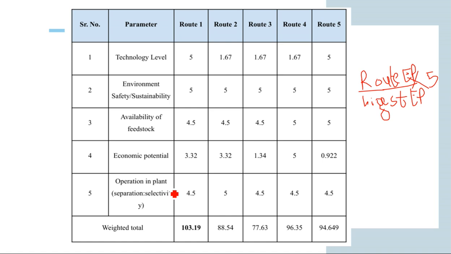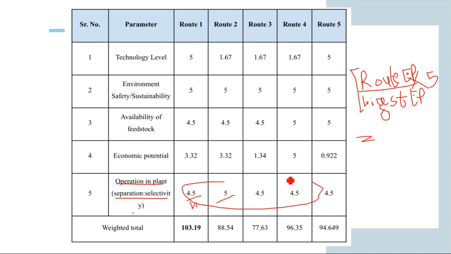Similarly, for operation in plant, the parameter I selected is the separation, and the separation depends on selectivity. So similarly to the economic potential, I have done the route selectivity divided by the highest selectivity.